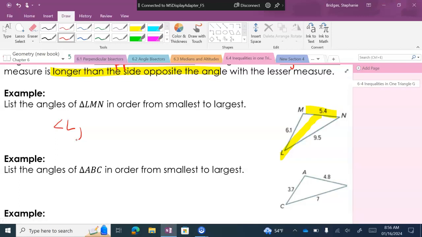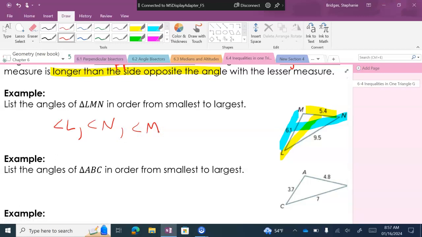What side length comes next in line in order, 6.1 or 9.5? 6.1, okay. So this is my next one. What angle is directly across from it? N. So angle N would be next. Which leaves what as the last angle, my biggest one? So find the shortest side.